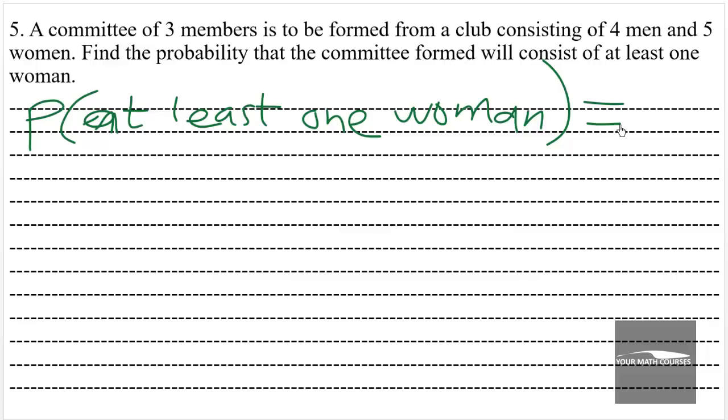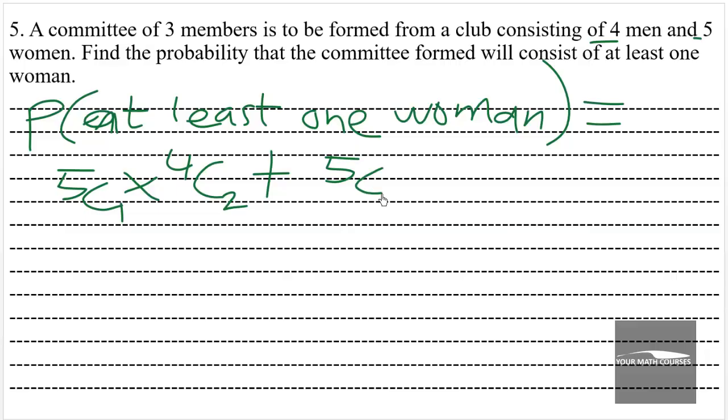So if the committee consists of 1 woman, then that will be choosing 1 person from 5 women. And we have 5 combination 1 way of doing that, and the remaining 2 people must be chosen from the men. So we have 4 combination 2. Or we have 2 of the people in the committee being women.